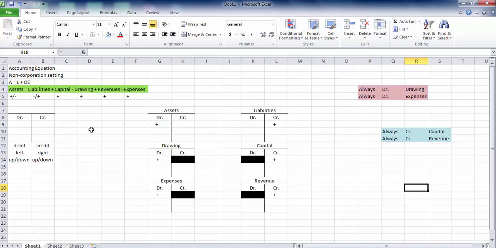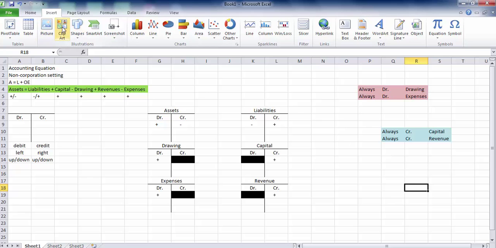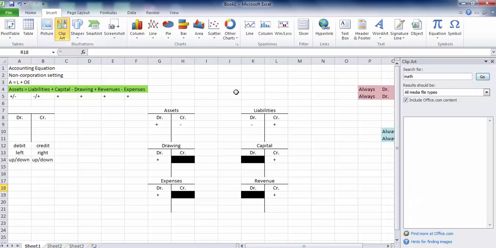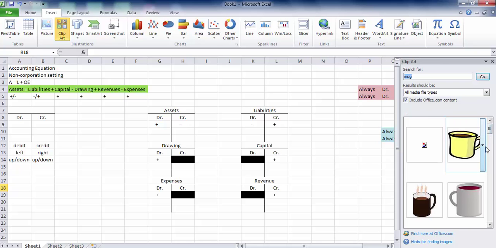And I don't know what kind of an artist I am here, but what if I were to find some clip art, and let's say I want to find something that looks like this. So have you guys ever heard of lemonade?